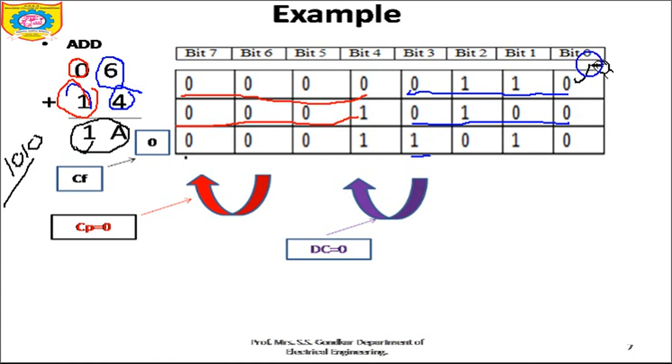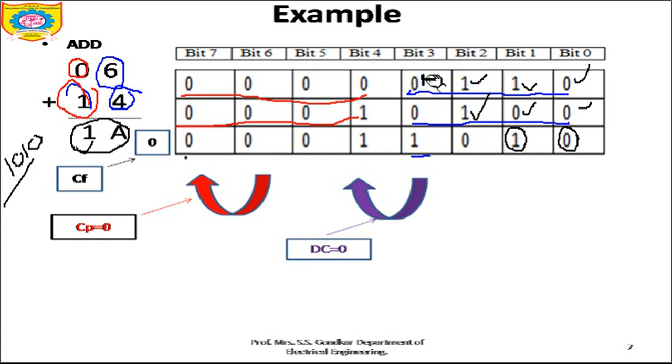So see, 0 plus 0 is 0. 1 plus 0 is 1. You should know binary addition. 1 plus 1 is 0, but you always have 1 as a carry.